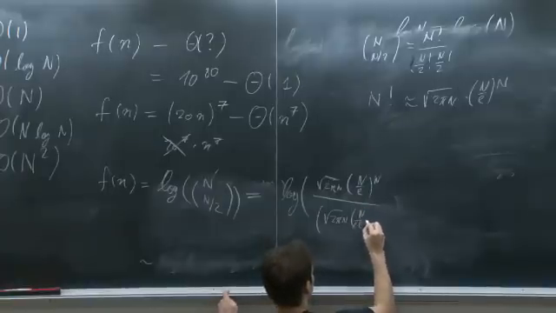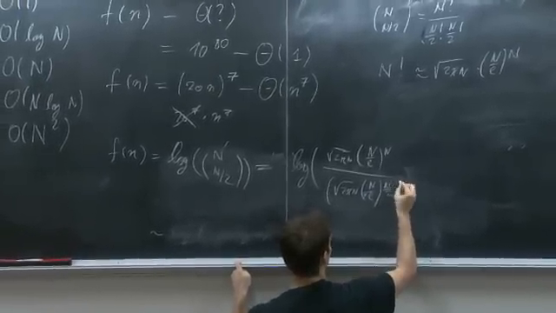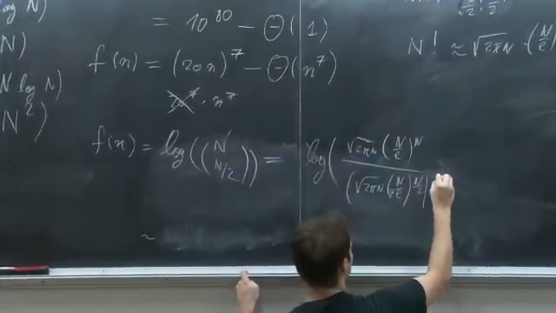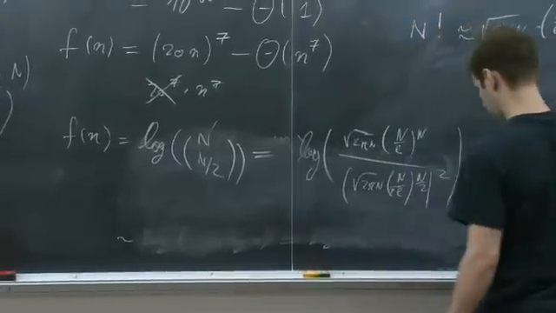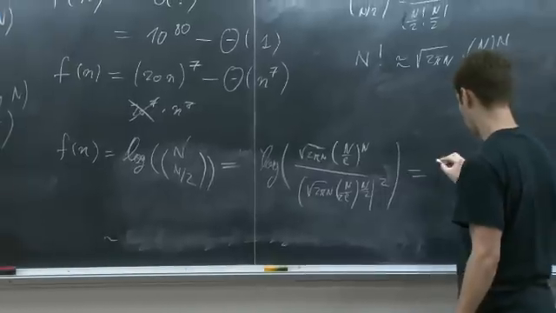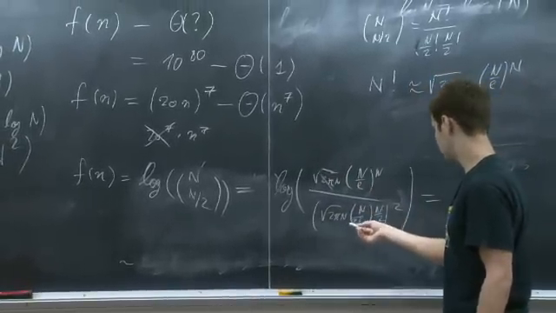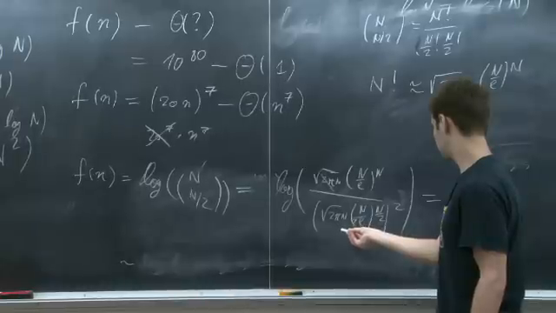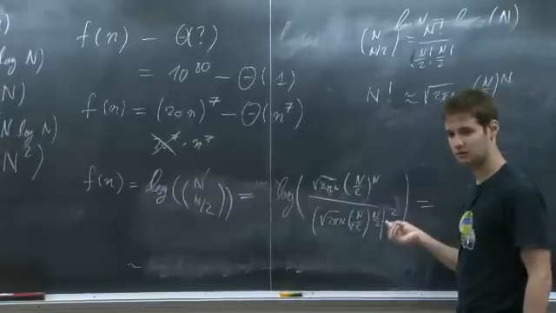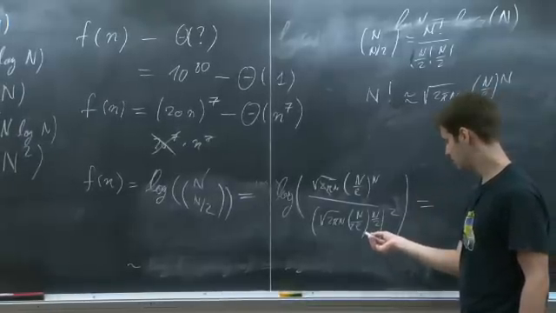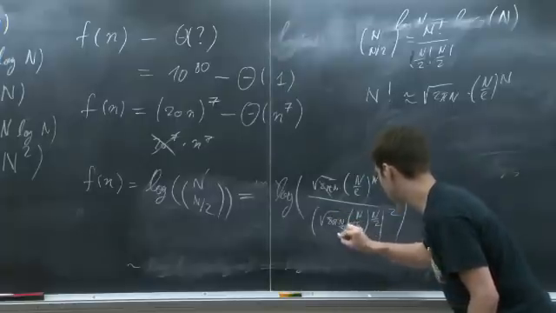So it's n over 2e times n over 2 to the power of 2. Okay, I can get rid of this because it's a constant. No, I can't get rid of this yet. The denominator should be 2 pi n over 2 under the radical. Yep, 2 pi n over 2, so this simplifies.